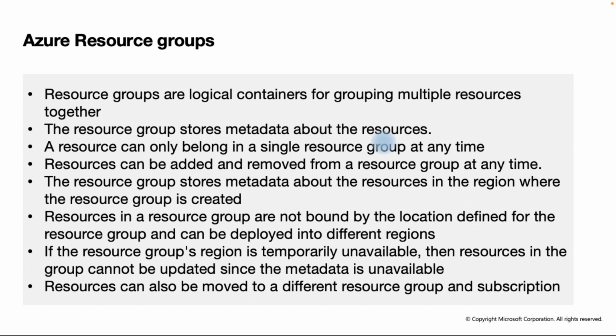A resource can only belong to a single resource group at any time. This means if you have one resource like a VM, this VM can only be associated with one resource group. You cannot associate it with another resource group.